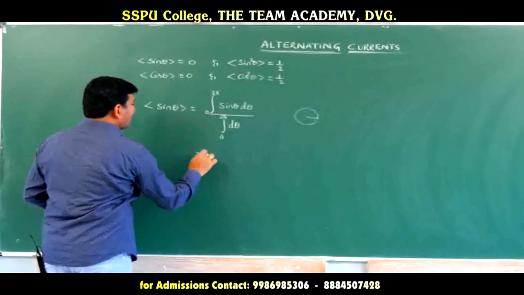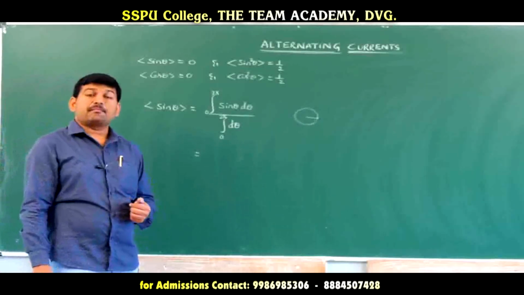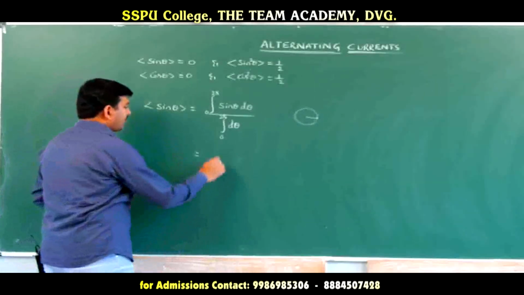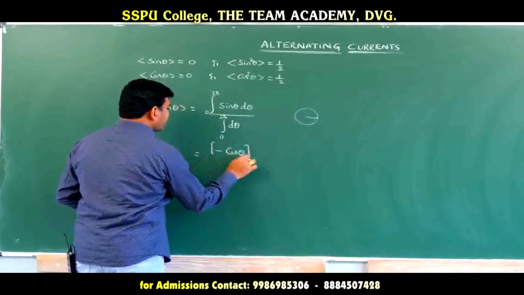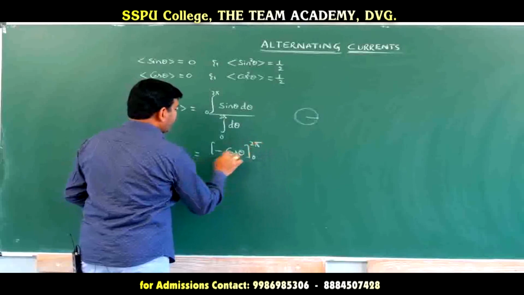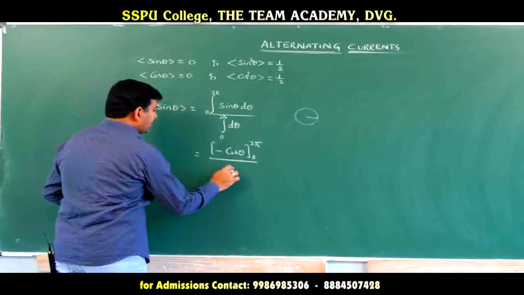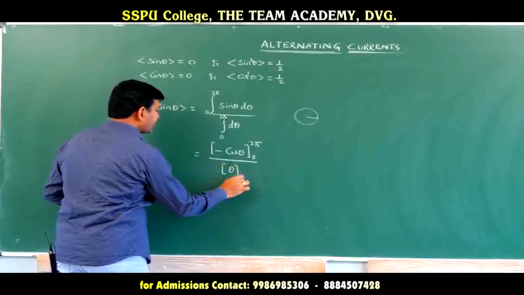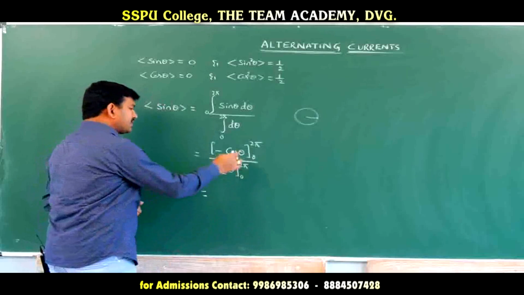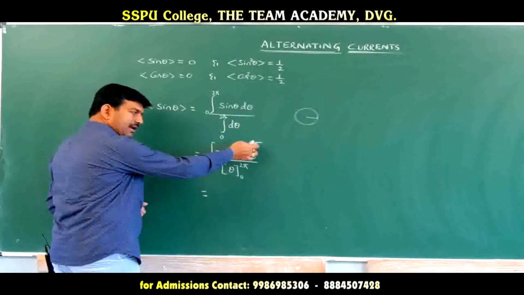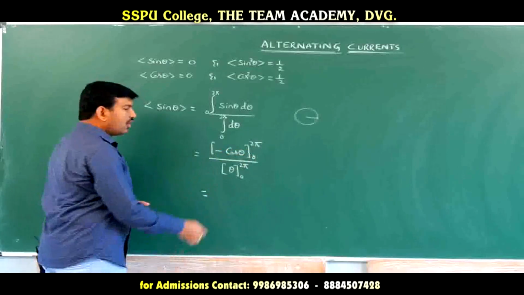Now what is this value? We know that the integral of sine theta is minus cos theta. Therefore I can read it as minus cos theta, with limits from 0 to 2 pi, divided by the integral of d theta, which is theta, with limits from 0 to 2 pi. First in place of theta I substitute the upper limit, then minus the value with the lower limit.